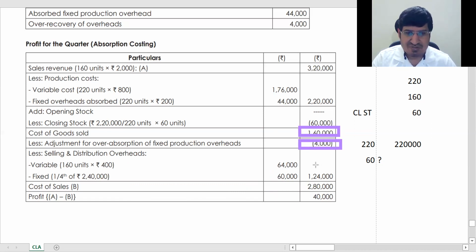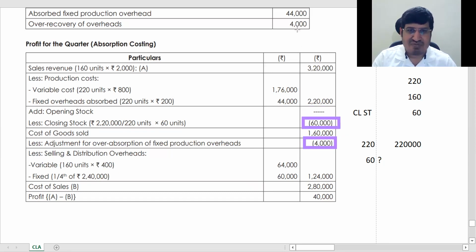Okay, right, and then all these costs. So basically this is right, you are adding all these costs. All these are costs. Basically this is your production cost, all costs you are adding and you are getting 2,80,000 here. Okay, this is your total cost. So what is in brackets is the only thing you are reducing.